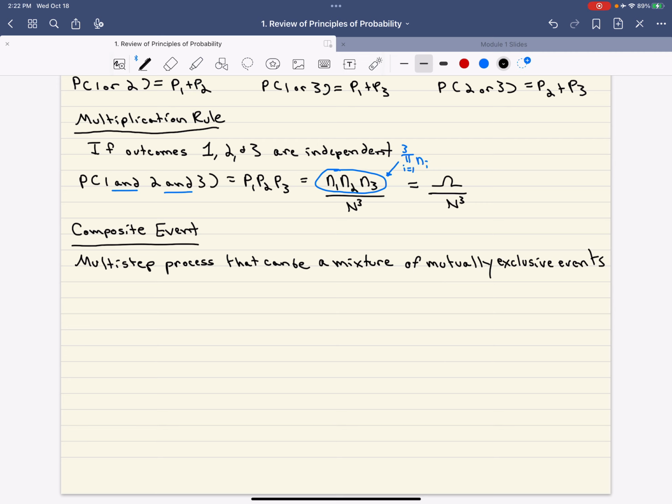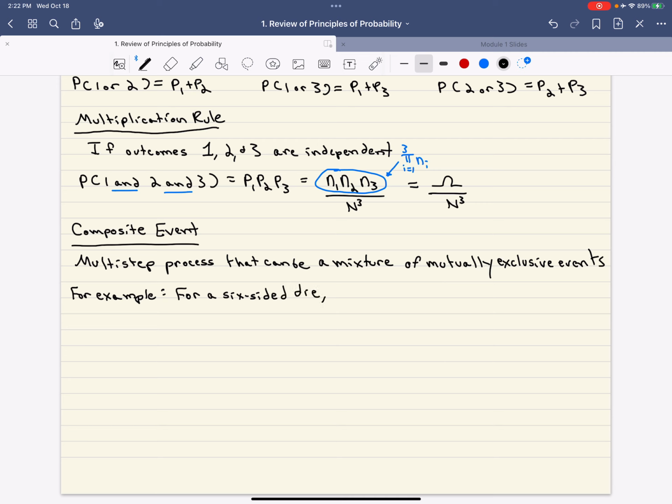Alright, and so to give you an example of this, let's consider the rolling of a die. Right? And we'll just think of a typical six-sided die. Alright?